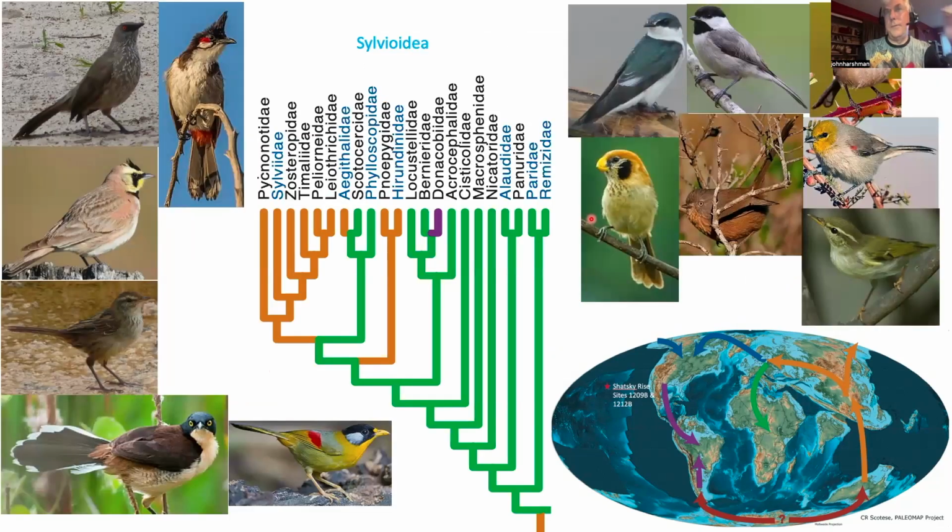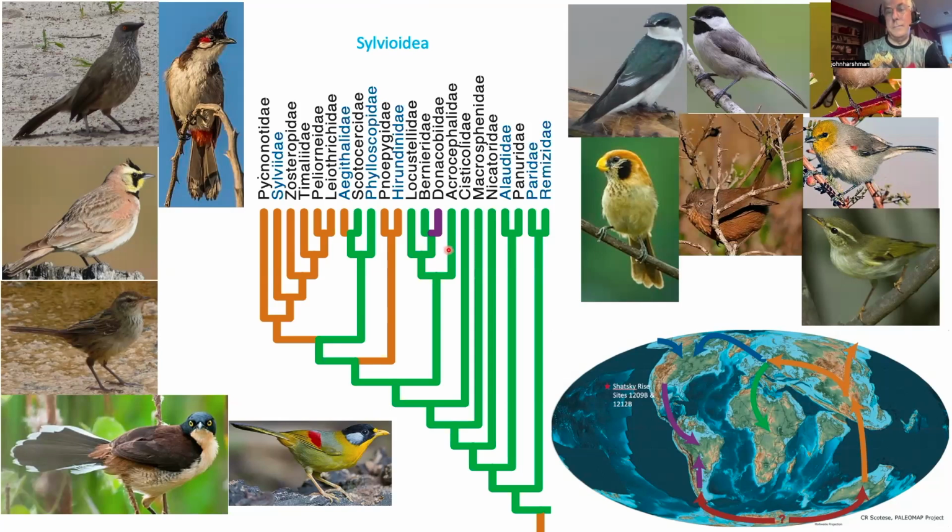And let's first talk about the biggest of the superfamilies, Sylvioidea. As you can see, none of the Sylvioid families originated in America, except for one species. This is called the Donacobius down here. It lives in South America, but none of its closest relatives are anywhere near.